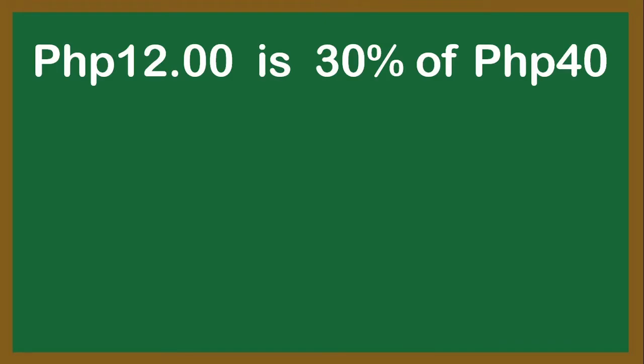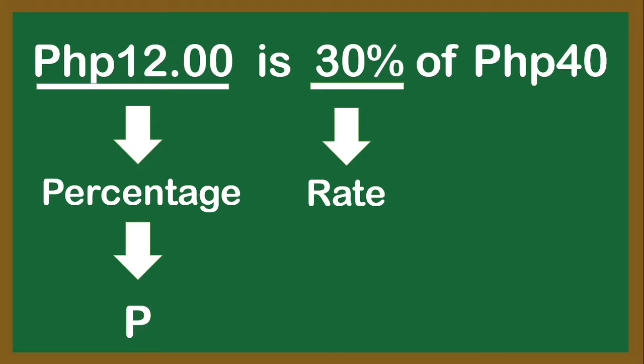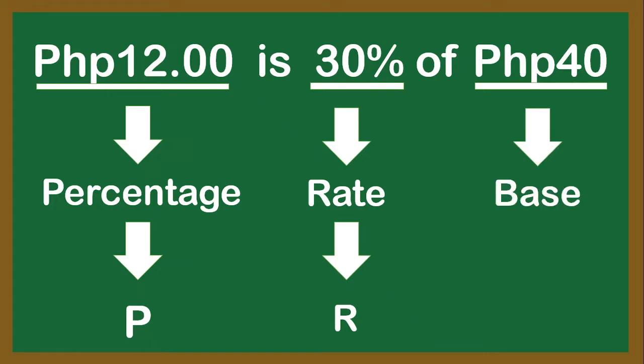Let us write again that 12 pesos is 30% of 40 pesos. Let us have 12 pesos as the percentage, and that is your P. 30% as your rate, and that is your R. 40 pesos, which is the base, and that is your B.